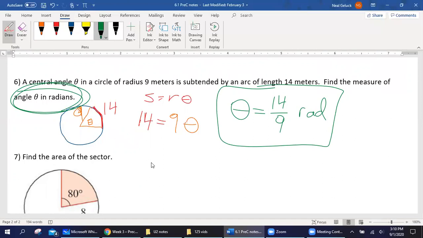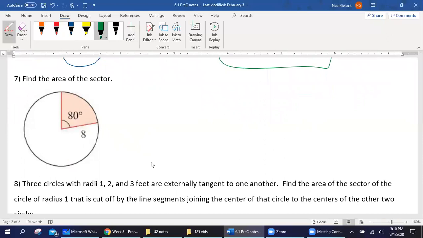On number 7, now we're going to find the area, so we're going to use that other formula. Area is r squared theta over 2. But again, I'm in degrees.